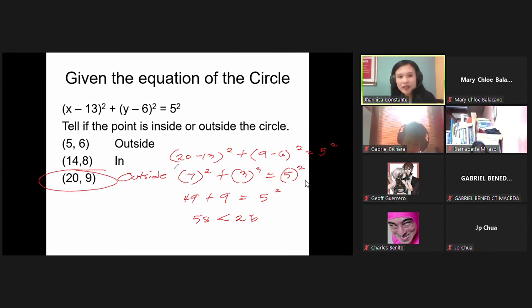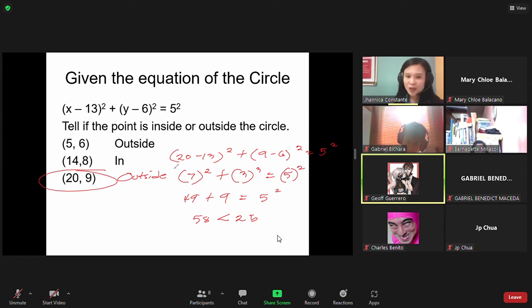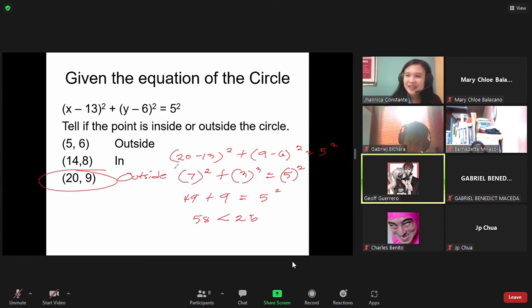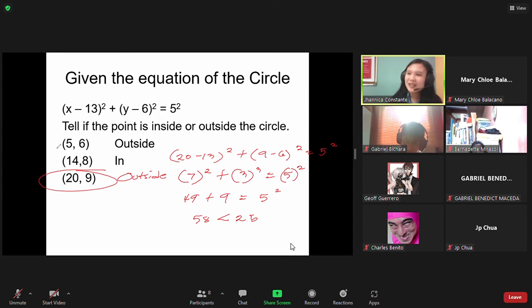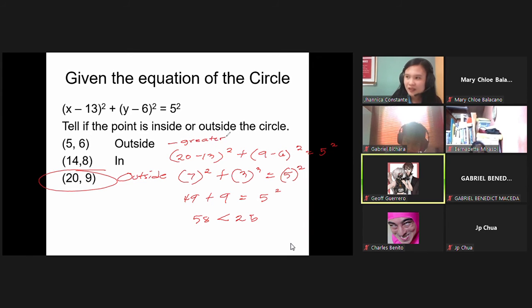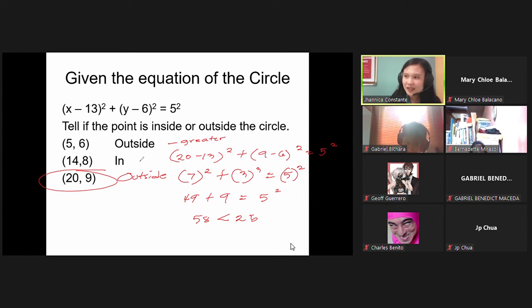Okay, in identifying if the given point is outside, inside, or on the circle: if the value is greater than, the point is outside. If it is less than, the point is inside.